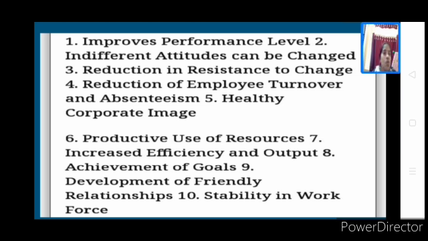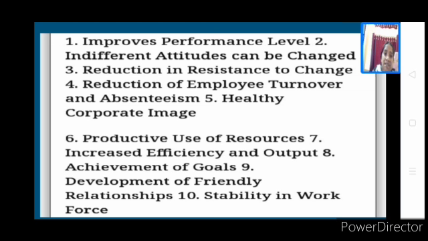See, for example, you are working in an industry or an organization where you don't have any good relationship with your colleagues, so that environment will never give you a kind of security. But through motivation, if a manager is able to avoid the differences between the people, a friendly environment will be created, and that gives great satisfaction and security to the employees. That is also one of the non-monetary motivational tools we see.